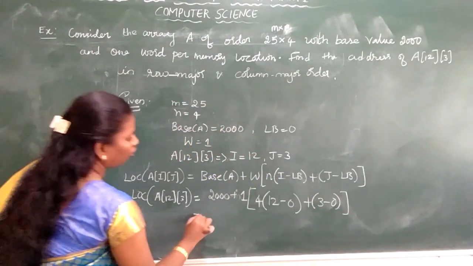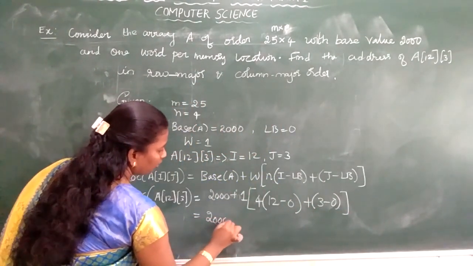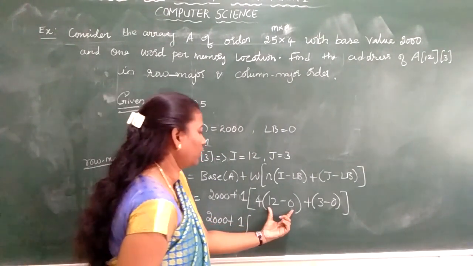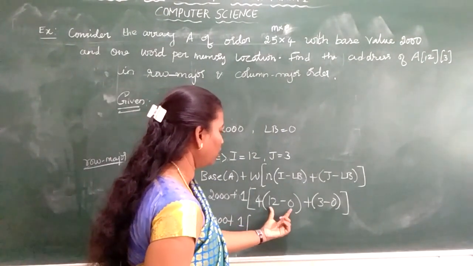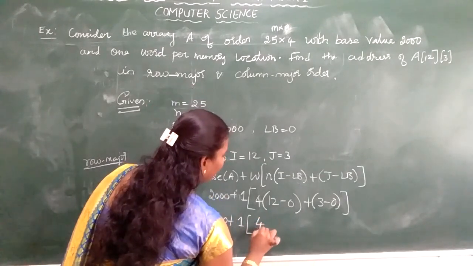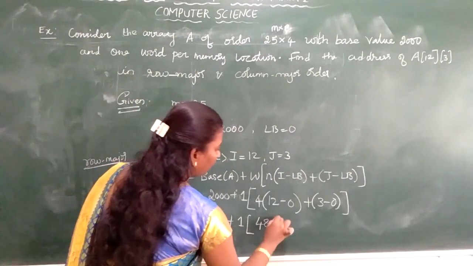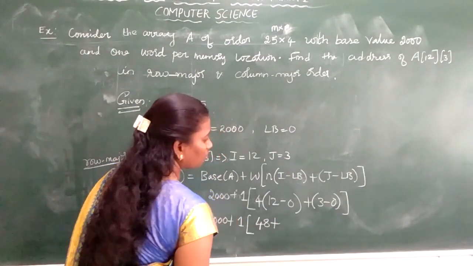So according to your BODMAS rule, first we'll solve what is inside the bracket. So 12 minus 0 is 12. 12 4s are 48. Plus 3 minus 0 is 3.